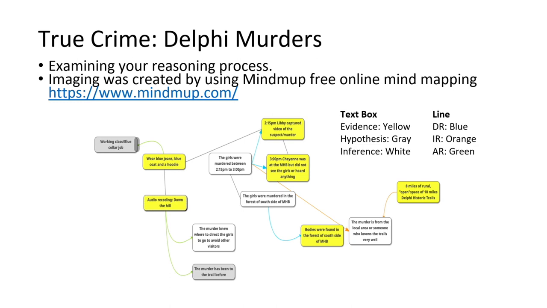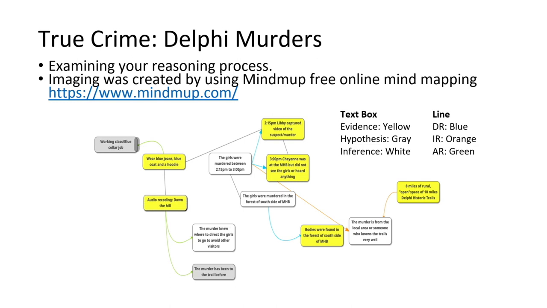MindMap is a free online tool that you can use to help you or your students visualize the reasoning process. As you can see, I'm using all three types of reasoning. The reasoning map was actually even more complicated than I have presented here.